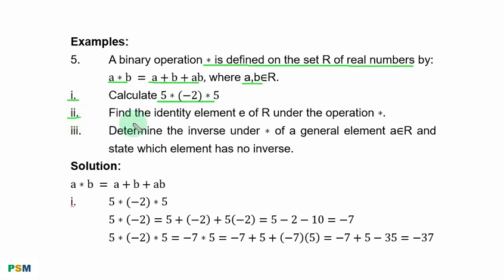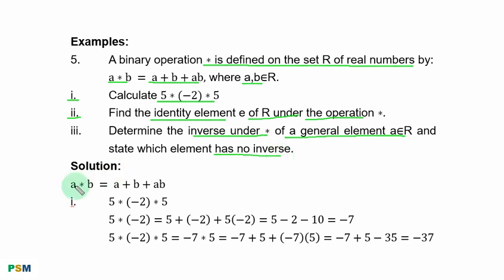Roman figure 2. Find the identity element E of R under the operation asterisk. Roman figure 3. Determine the inverse element under the operation asterisk of a general element A member of R and state which element has no inverse.